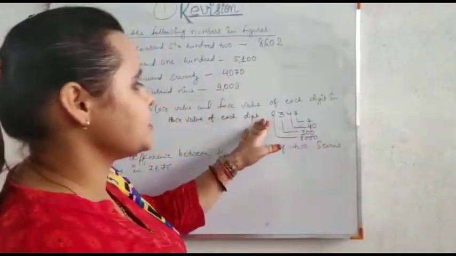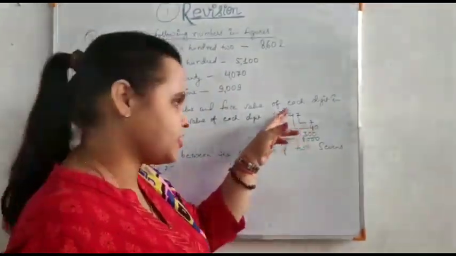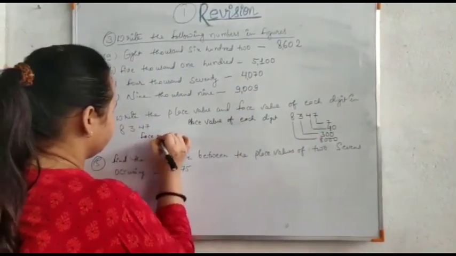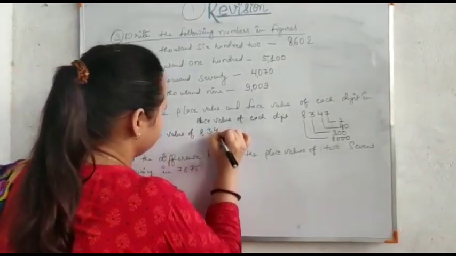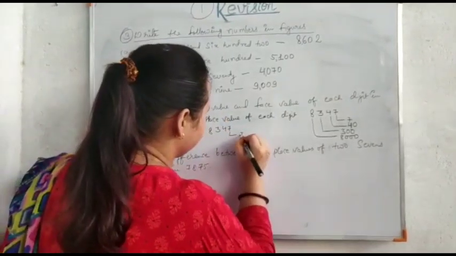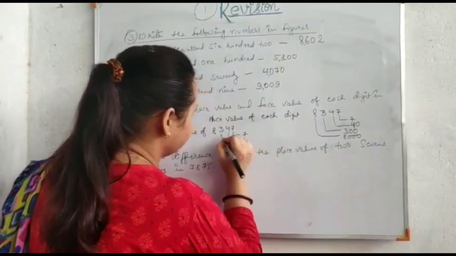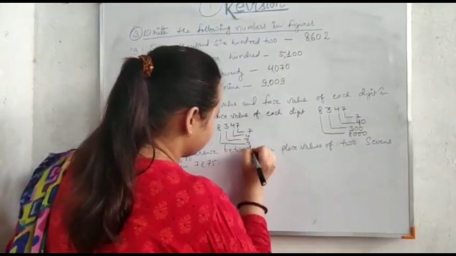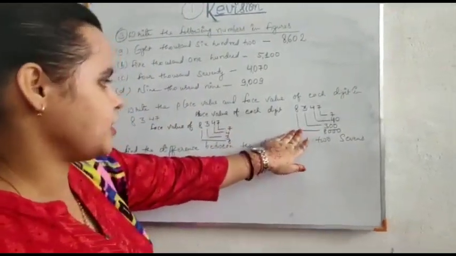This is the place value of each digit of 8347, and the face value of 8347 is, the face value of 7 is 7, same. The face value of 4 is 4, same. The face value of 3 is 3, same. And 8 is 8, same. This is the face value and this is the place value.